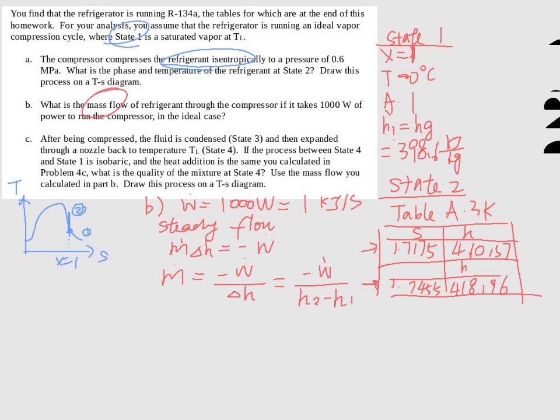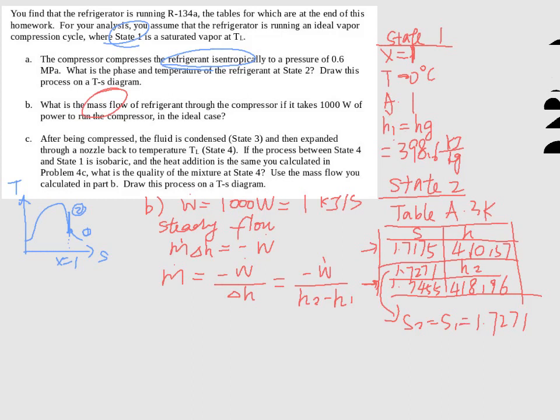So this is the value that we're looking for, H2. And we know S2 from part A is 1.7271. Okay, so if you don't remember this, it's just S2 is equal to S1 is equal to 1.7271. You can also refer back to our previous video.